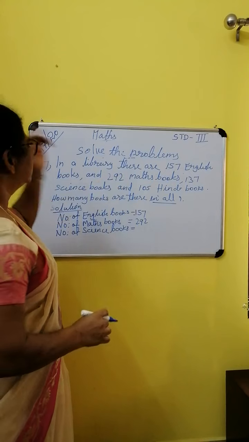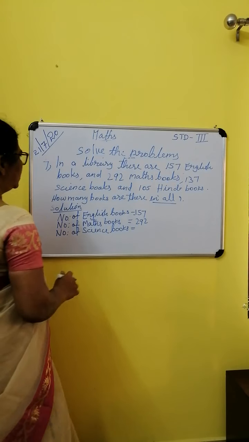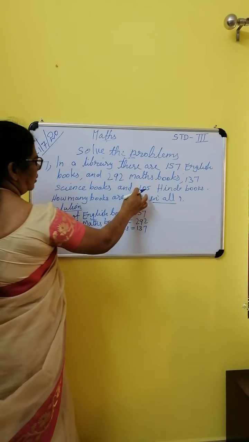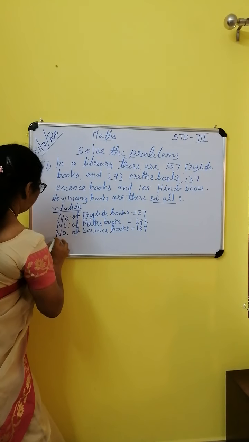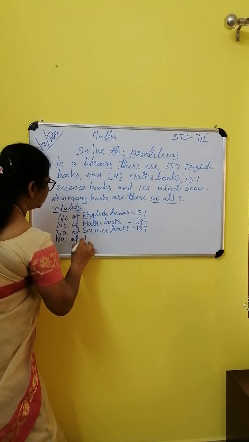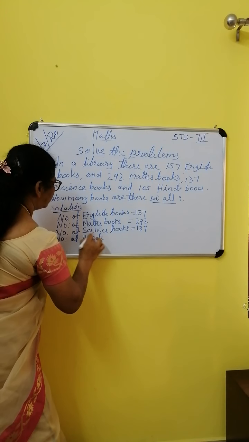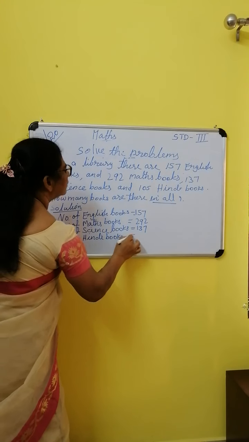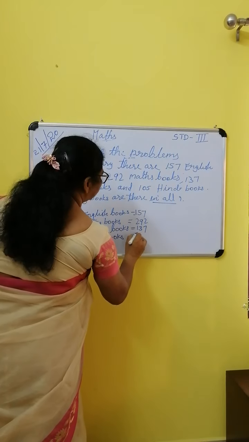How many science books? 137. Then how many Hindi books? Number of Hindi books equal 105.